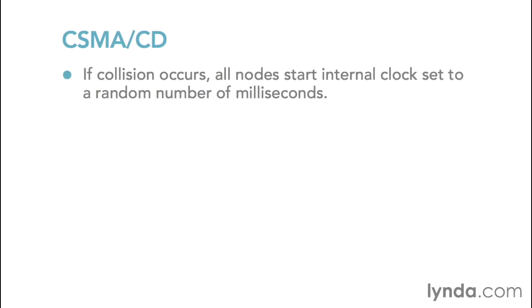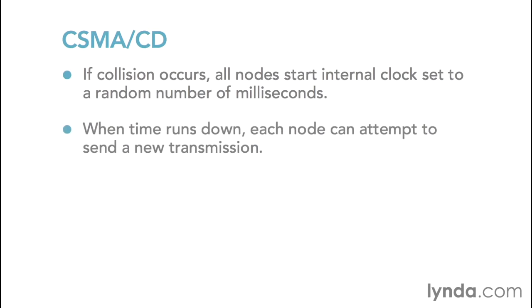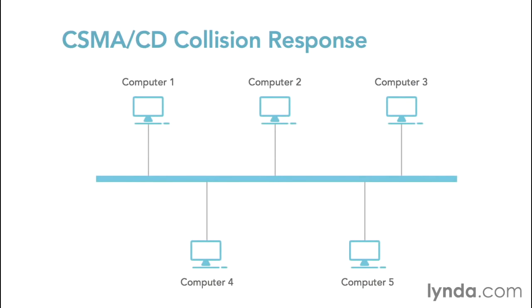If a collision does occur, then all the nodes on the network will hear it, and they'll start an internal clock that's set to a random number of milliseconds. Once a clock on a specific node or computer runs down to 0, then that particular node or computer will attempt to send a packet again. This diagram here illustrates what happened.